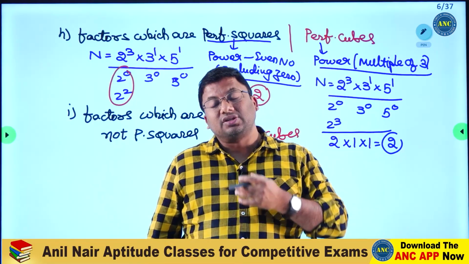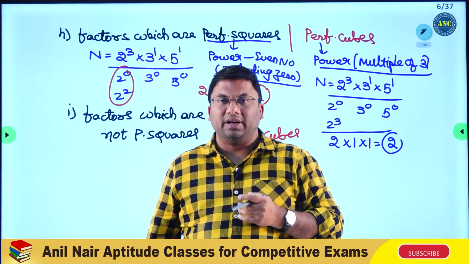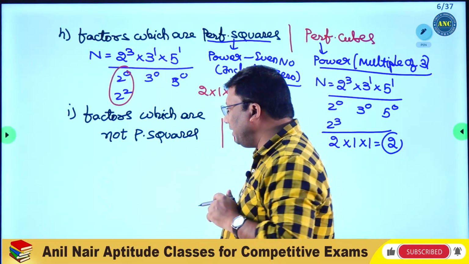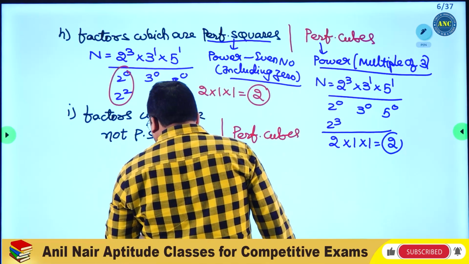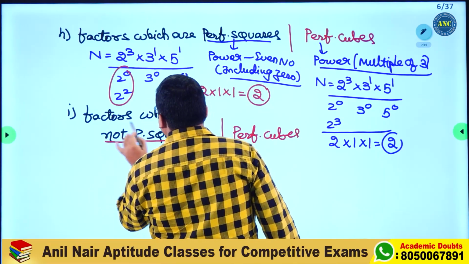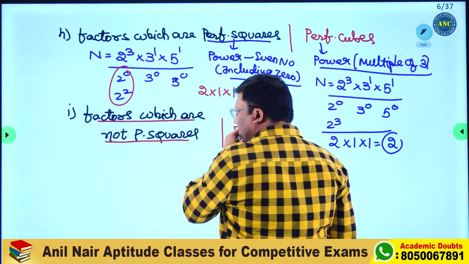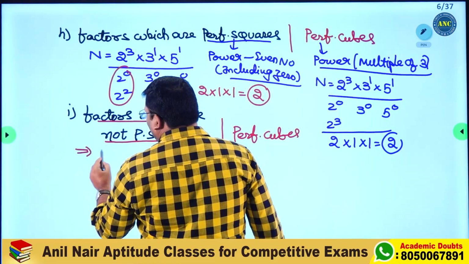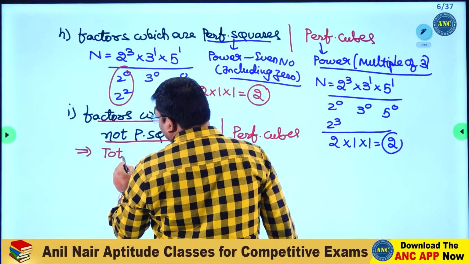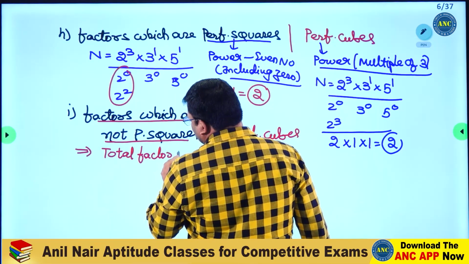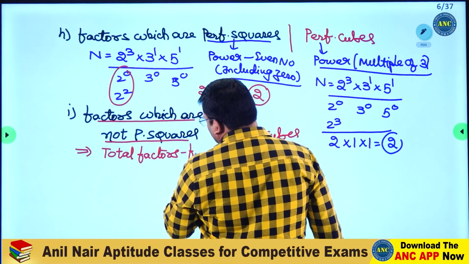Perfect square means the power should be divisible by 2. Perfect cube means the power should be divisible by 3. Now, factors which are not perfect squares: that means total factors minus factors which are perfect squares.